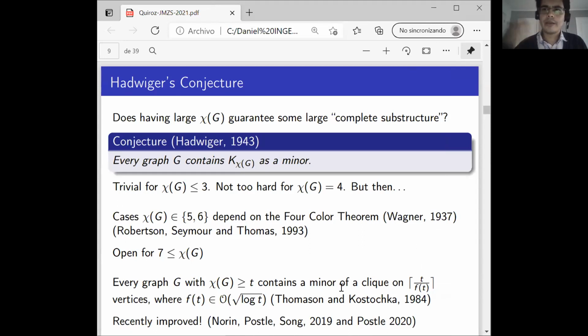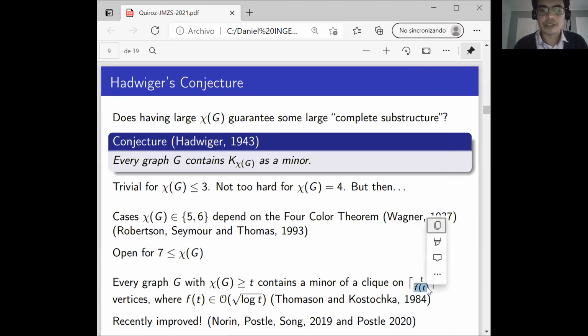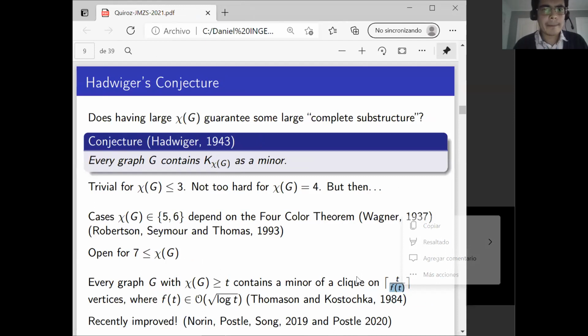The clique minor that we get is not a linear function of our chromatic number. It would be really nice, and a major breakthrough, if one could change this f(t) to a constant.